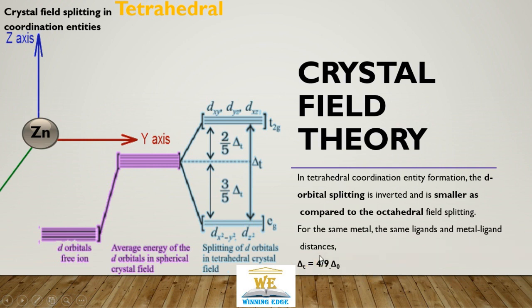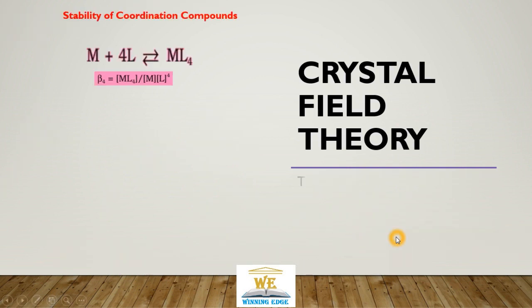Tetrahedral splitting energy will be 4/9 of octahedral splitting energy. It means if octahedral energy is, let's say, 900, tetrahedral will be only 400, less than half. This is the case when the metal atom and ligands are the same.